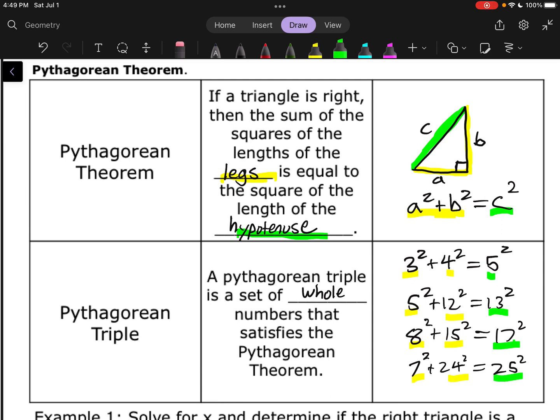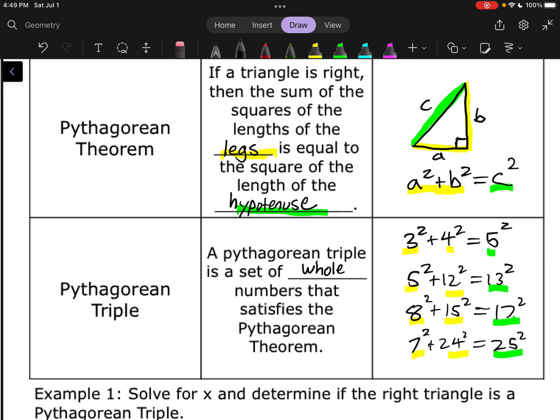Now, an interesting thing that also works: multiples of any of those ones that we wrote down. So take 3, 4, and 5, for example. I could multiply all of those by any sort of scale factor, and it'll still work as a Pythagorean triple.